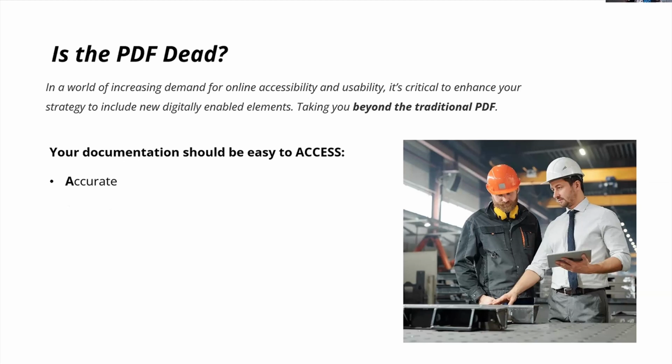If you think about your documentation as being easy to access, we start with accurate, right? Your information needs to be correct. That means make sure it's reviewed by engineering, product management, to really ensure that it is the right information. It needs to be current. It should be the most up-to-date.